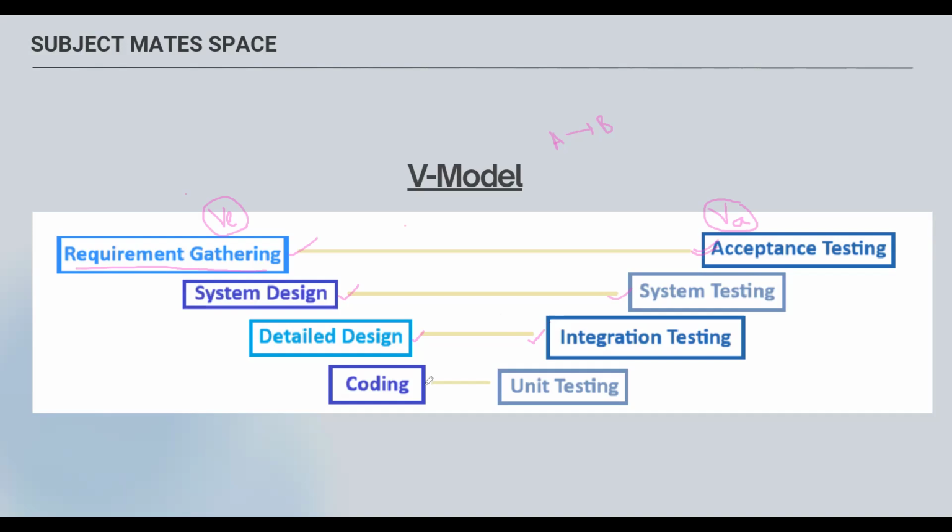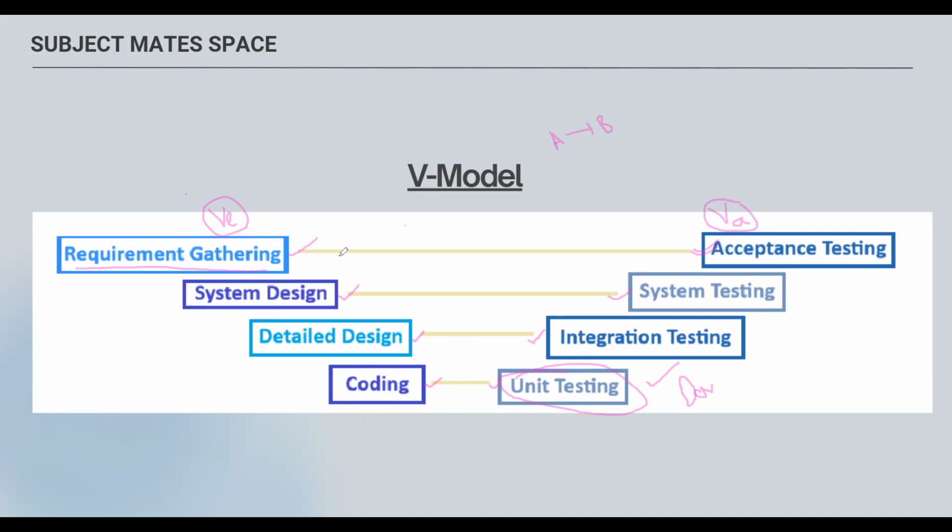Next is the development or the coding part. After development, we are going to do unit testing. Unit testing is mostly carried out by developers. Once the dev writes the code, he will do the first basic testing locally to check if he made the right thing and whether it is breaking something.